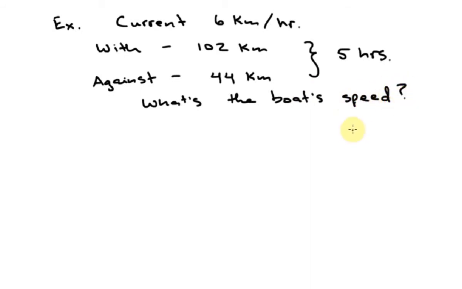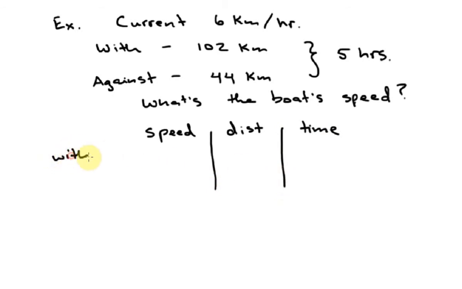Okay? So whenever you have a speed, distance, time question like this one, my suggestion is that you take a little table and you fill it in. So speed, distance, and time. And what we're going to do is fill all that in. And there's sort of two categories here. There is with the current, and then there is against the current.